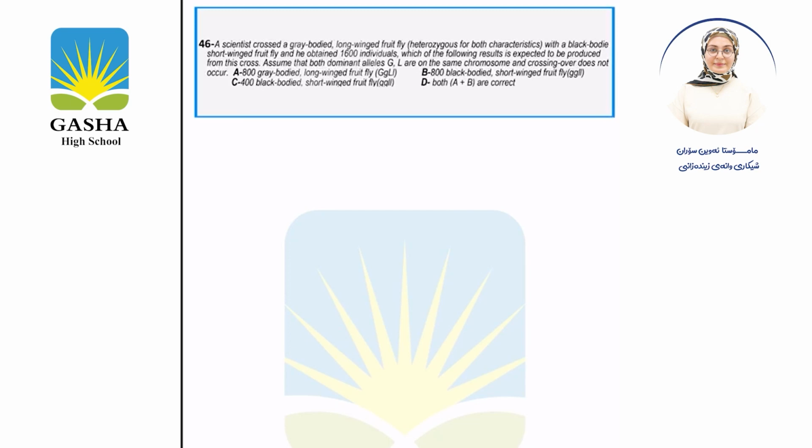When we cross them, we get a gray body, long-winged fruit fly, and also a black body, short-winged fruit fly. So A is true and B is true. C, 400 black body, short-winged fruit flies, this one is false, and as a result, D is true. So the most true answer for question 46 is D.